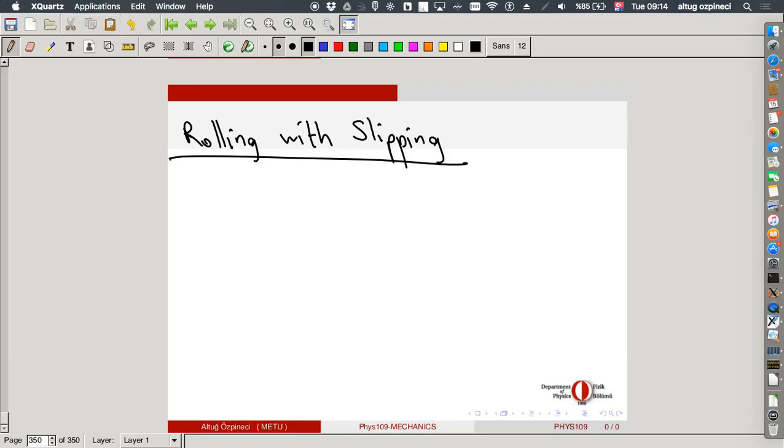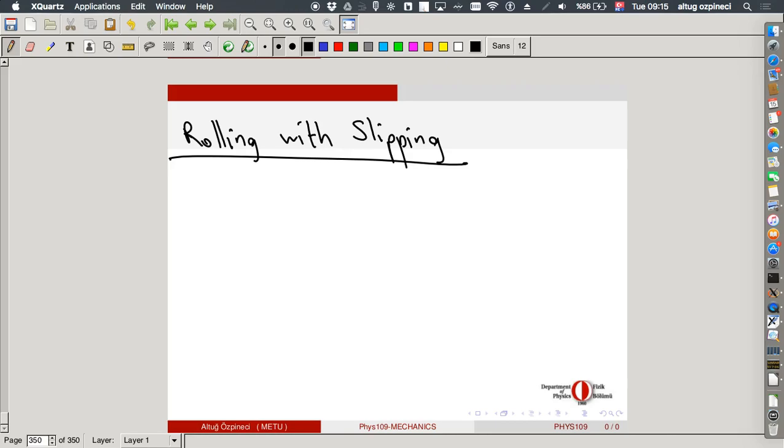For a very small amount of time there will be slipping, and hence there will be some kinetic friction. The kinetic friction will be in that direction, because that is the only force that causes the acceleration of the ball. So it's accelerating in that direction, and after some time, it stops slipping and starts rolling without slipping.